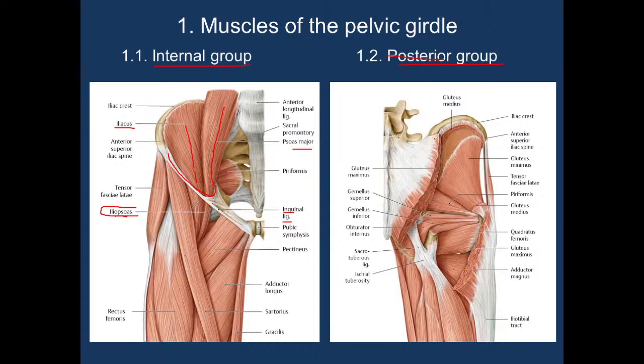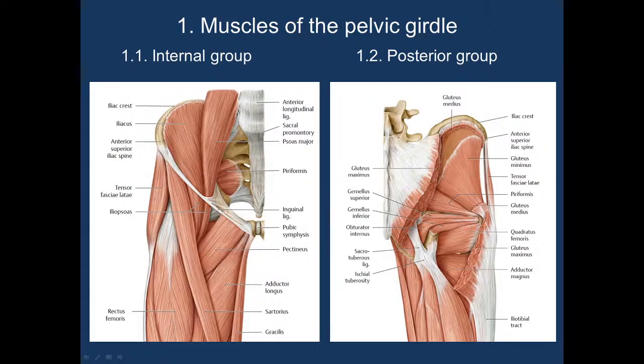The biggest muscle located dorsally is the gluteus maximus here. We also have gluteus medius and here, gluteus minimus. So there are three gluteus muscles on the dorsal part of the pelvis: maximus, medius, and minimus.